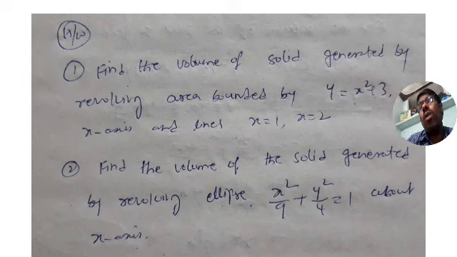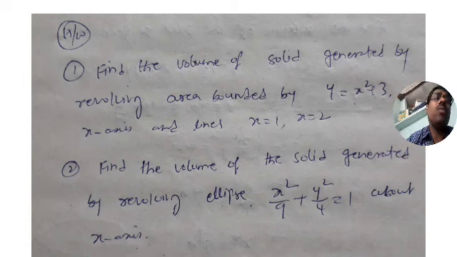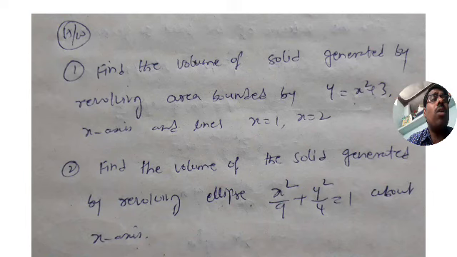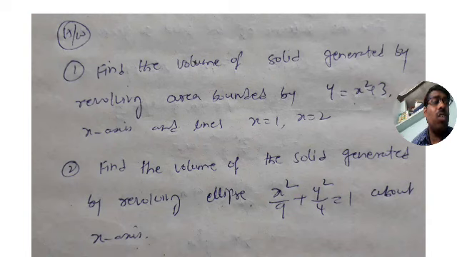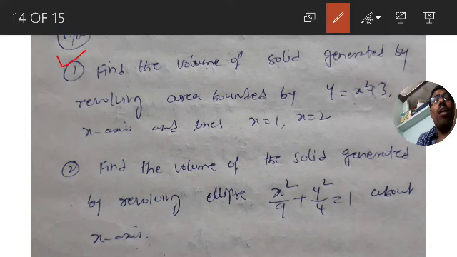V is equal to integration a to b pi y square dx. So y is x square plus 3, y square is (x square plus 3) whole square, and limits a to b are 1 and 2. So integration 1 to 2 pi into (x square plus 3) whole square into dx. Just square, then integrate, upper limit minus lower limit gives the answer. That's it. That is my first problem, very easy, and we already covered it.